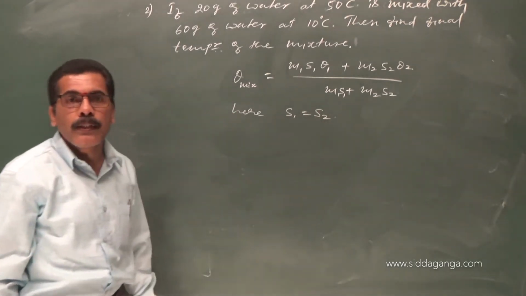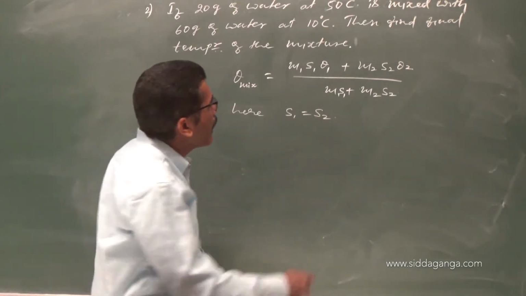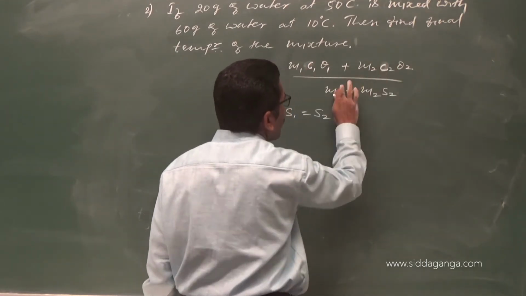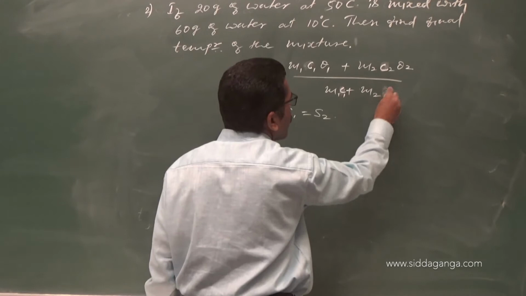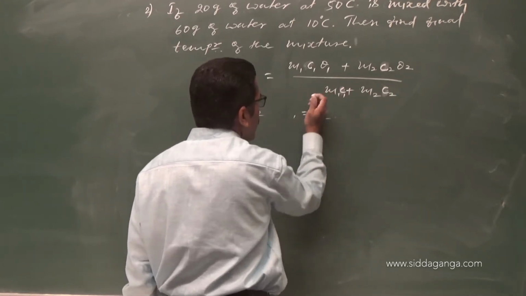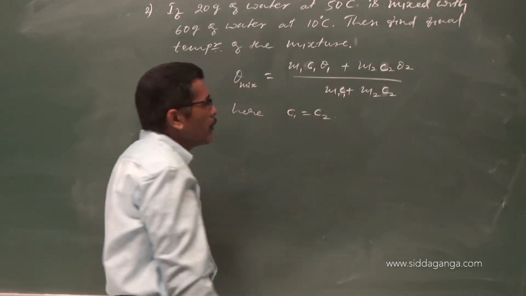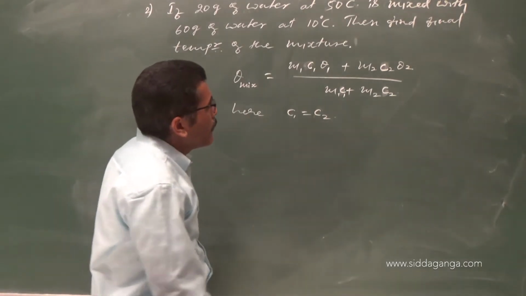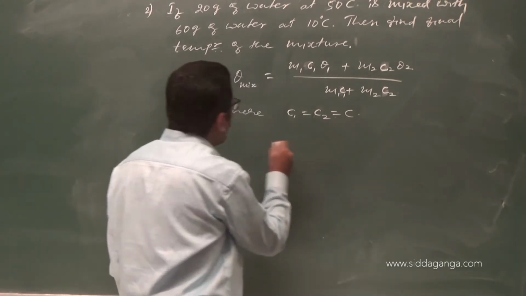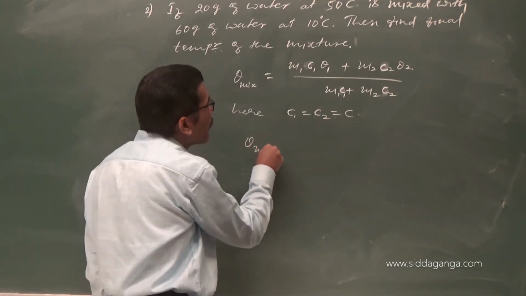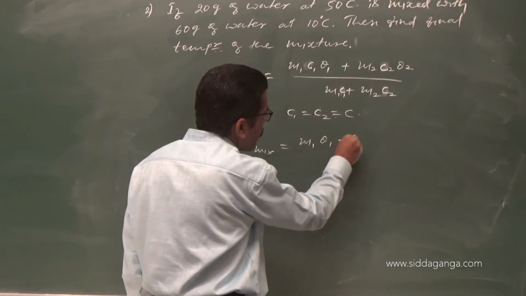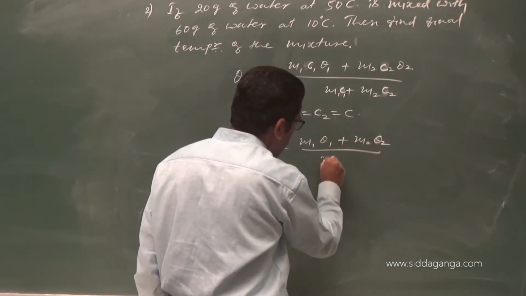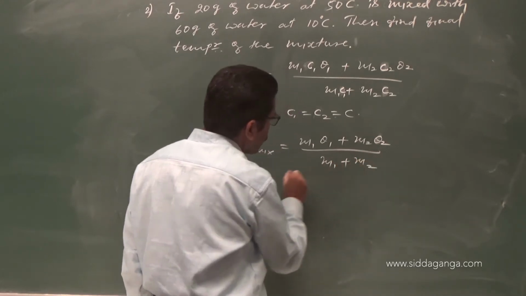Both have the same specific heat capacity, so you can write C1, C2 equal to C. Therefore, theta of mixture is equal to m1 theta 1 plus m2 theta 2 divided by m1 plus m2.